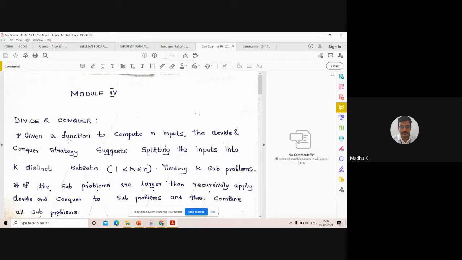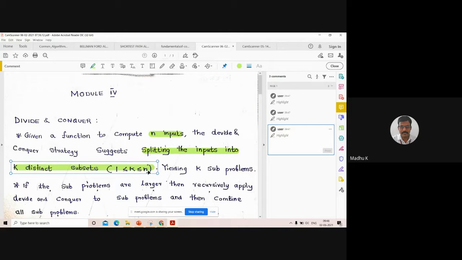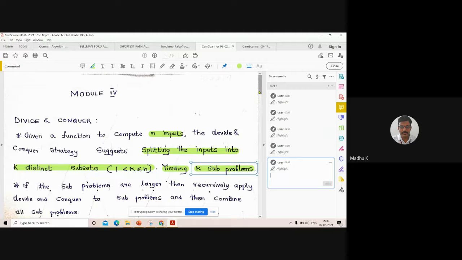Given a function to compute n inputs, the divide and conquer strategy suggests splitting the inputs into k distinct subsets or subproblems, 1 < k <= n, yielding k subproblems.